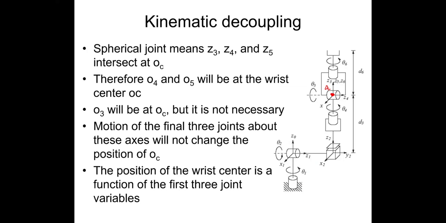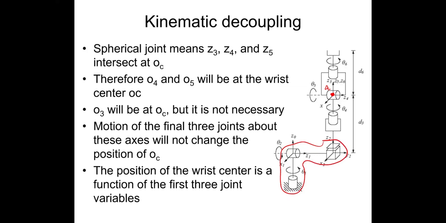So if this is our manipulator, then the motion of the spherical wrist does not change the position of OC. That means the position of OC, where we install the spherical wrist, is determined by these 3 joints.